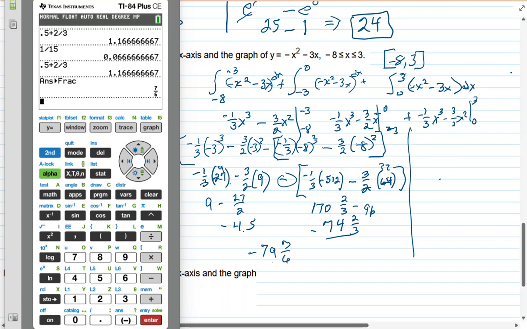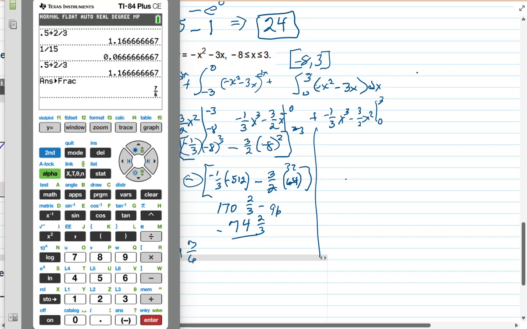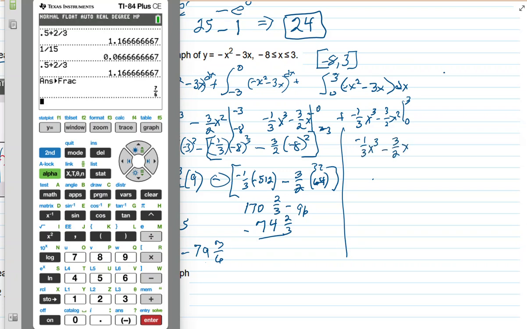And then we were going to do one, the math. I just did the math wrong. Doggone it. And then the next one is 4.5, and we're going to do it by the rule. So I'm going to have a negative 1/3 x cubed minus the 3/2 x squared from -3 to 0. And when I do that, well, I get 0 for the first group minus, and then I'm going to have a negative 1/3 times a -3 cubed minus a 2/3 times, and that's going to be a 9.